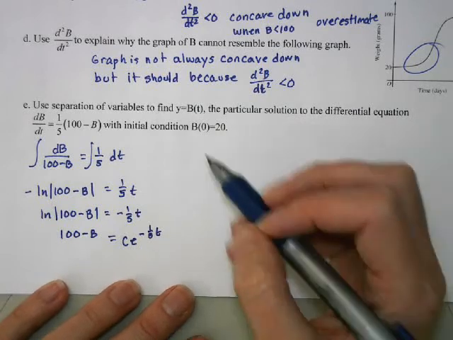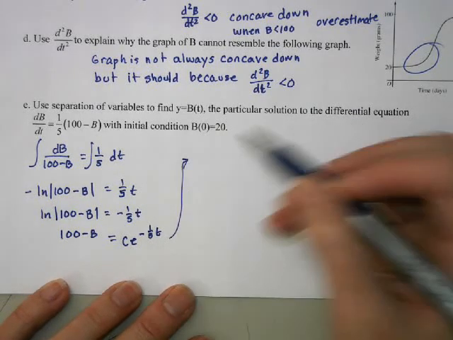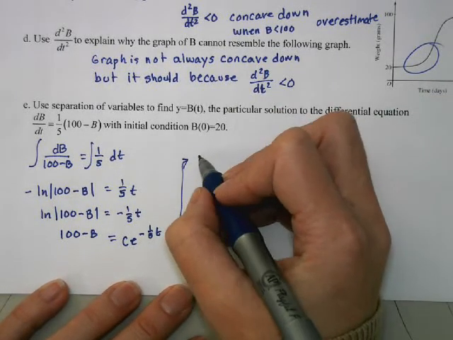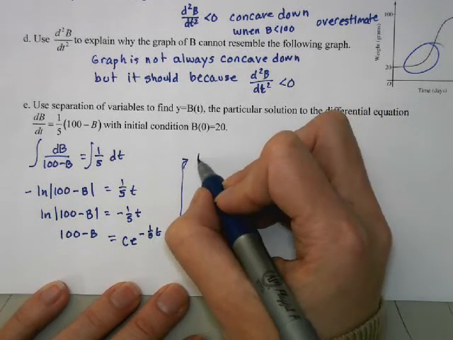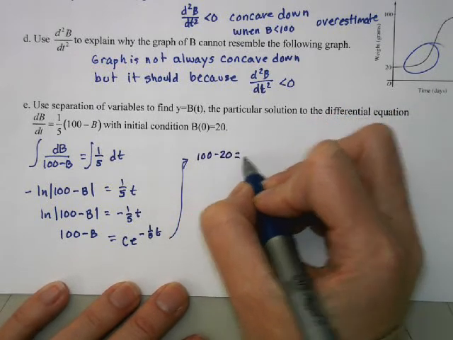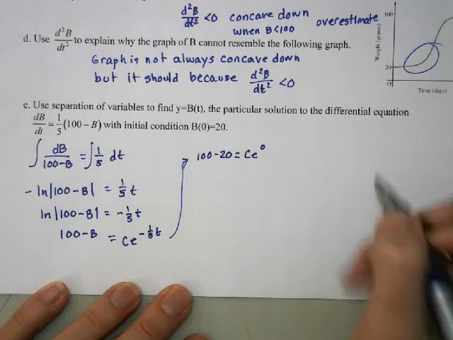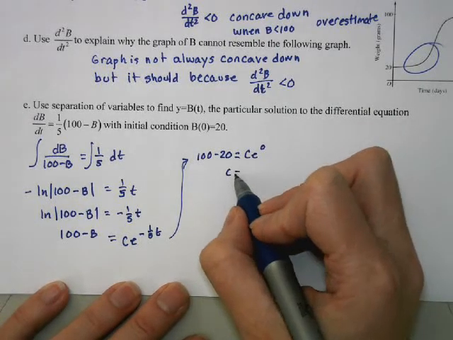So if I plug in, my weight is 20, so 100 minus 20 is going to equal c e to the 0. So my c is going to be 80. And again, you can do that at any point where you feel like it.